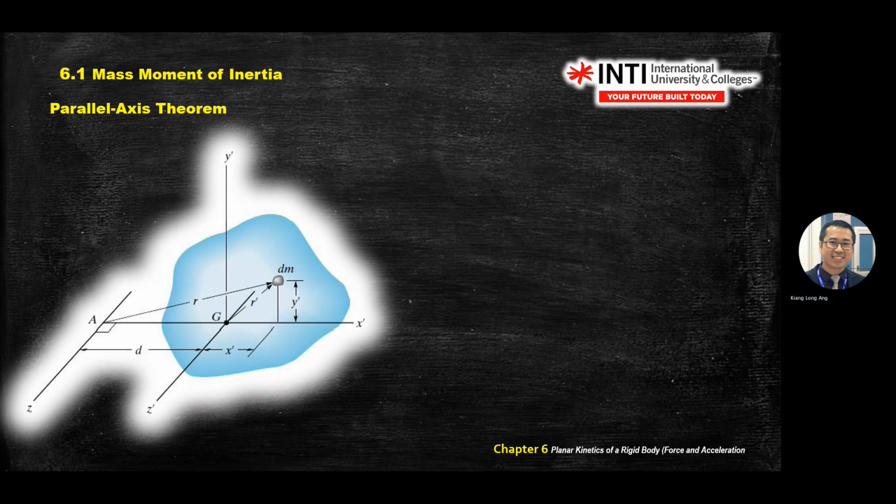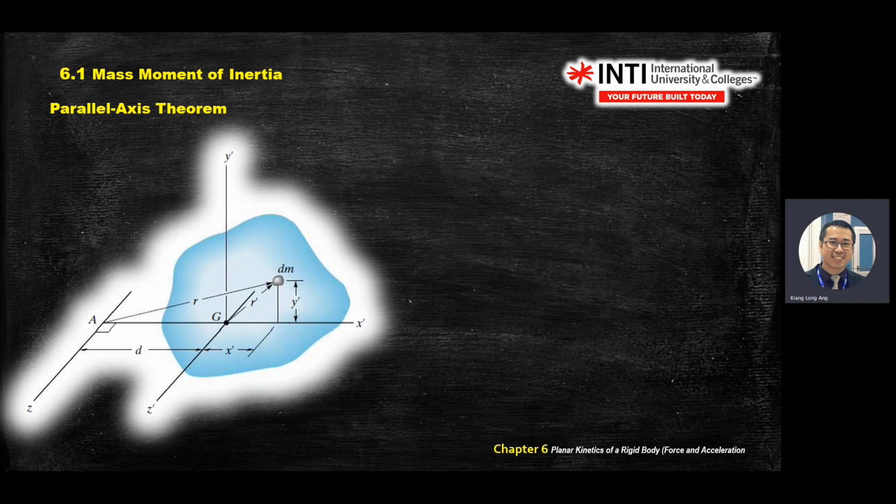How do you find R? If you have this distance, how you find R? I'm asking you how to find R. You have A and B. How to find R?